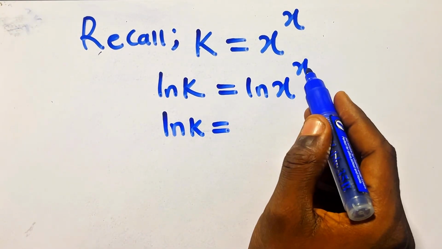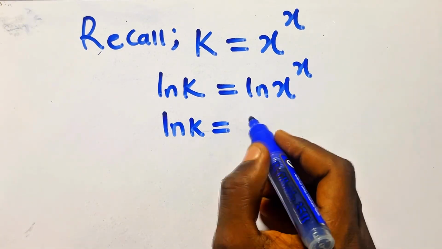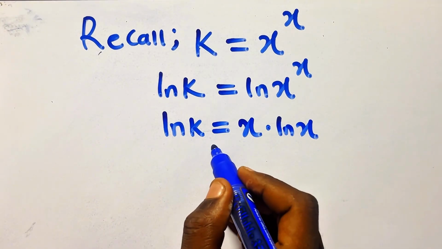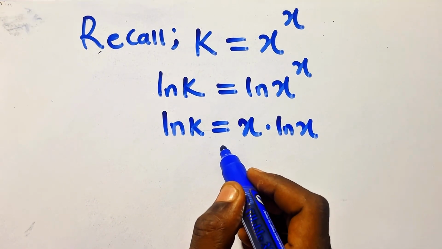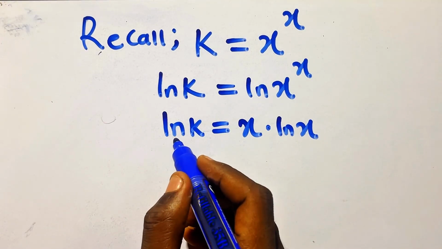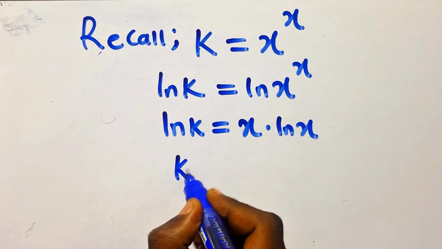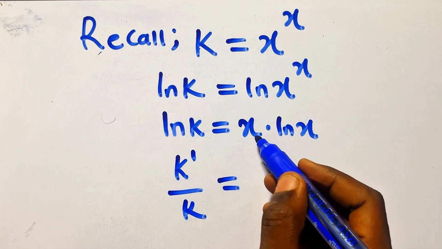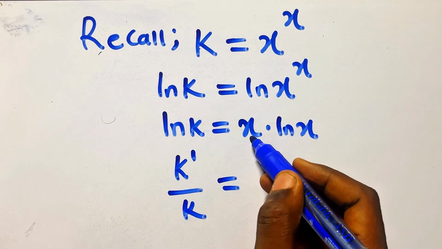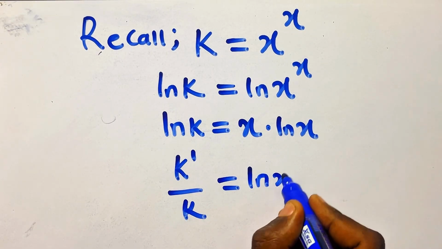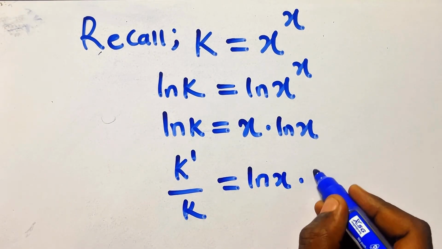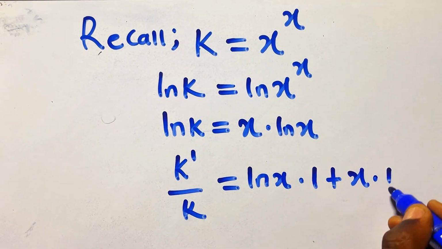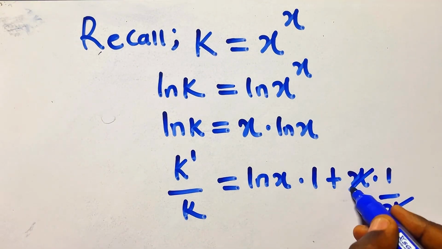From the property of ln, we have x multiplied by ln x. If you differentiate ln k, we are going to have k prime divided by k equals: we keep this, we differentiate this, we keep this, we differentiate this. So ln x multiplied by the derivative of x, which is 1, plus x times the derivative of ln x, which is 1 divided by x.